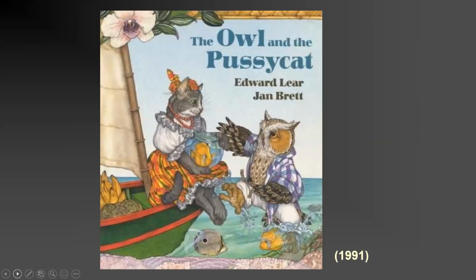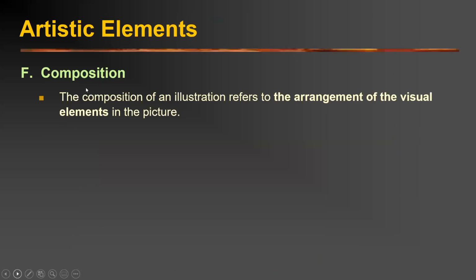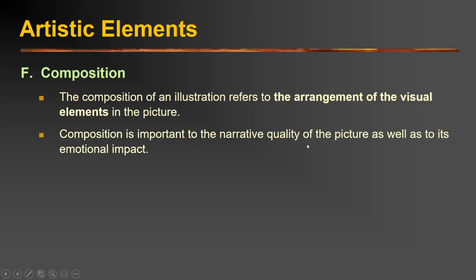Okay. And next, we also have a composition. Another thing that we must consider under artistic elements. So that is the fifth. Again, we have the first one: line, space, shape, color, texture, and then composition. The composition of an illustration refers to the arrangement of visual elements in the story. Composition is important to the narrative quality of the picture as well as its emotional impact.